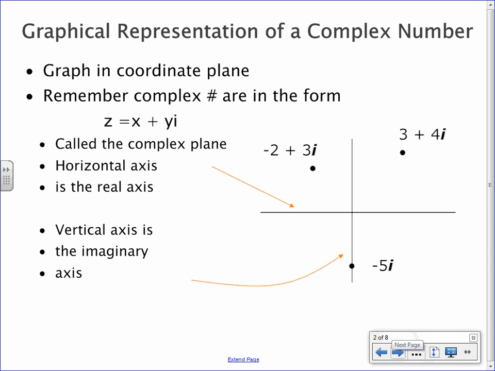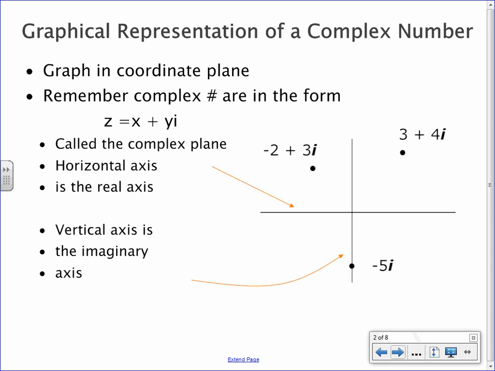Okay, we are going to graph it on a coordinate plane, but it is the complex plane, where the horizontal axis is our real axis and our vertical axis is the imaginary axis.